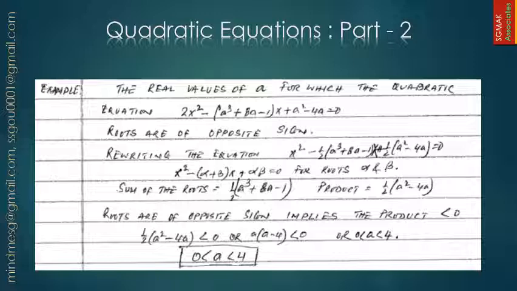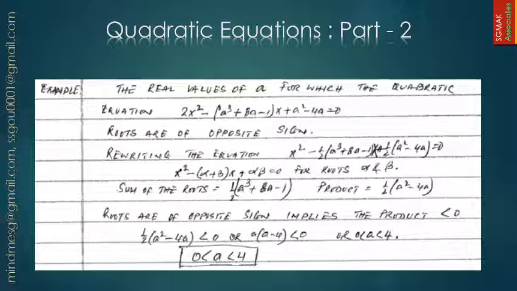So always, if you have ax squared plus bx plus c, it's a good idea to write it in a form so the x squared has a coefficient 1. So convert into x squared plus b over a x plus c over a equals 0. In that form, the sum of the roots is minus b over a and the product is c over a.